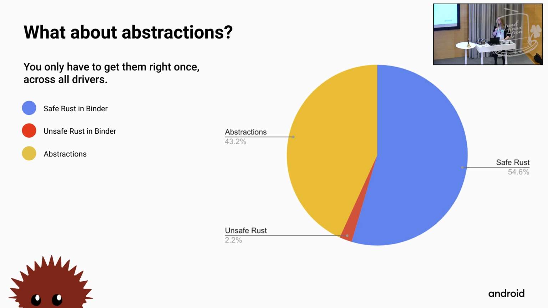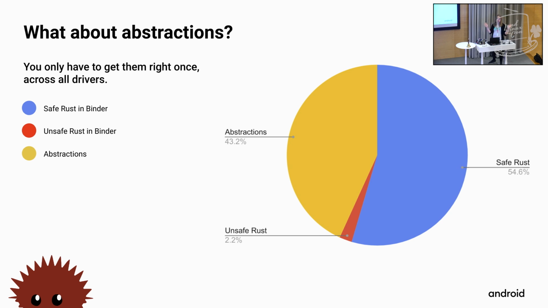But the thing that Rust is really good at, and that I think is one of the most important parts about Rust, is that you can encapsulate unsafe. The work queue API that you can use from Rust, as far as we know, there's no way to misuse that API to cause memory safety issues.